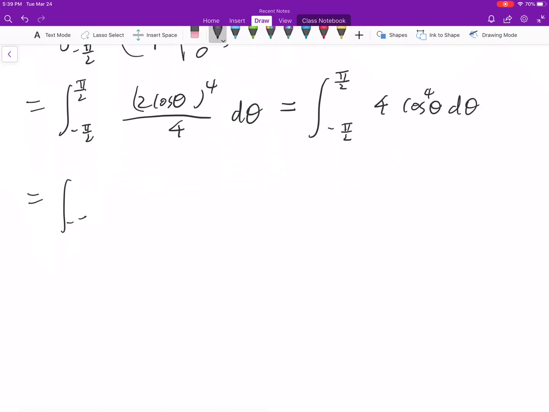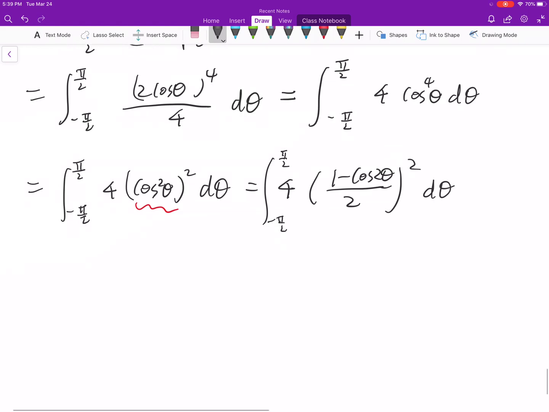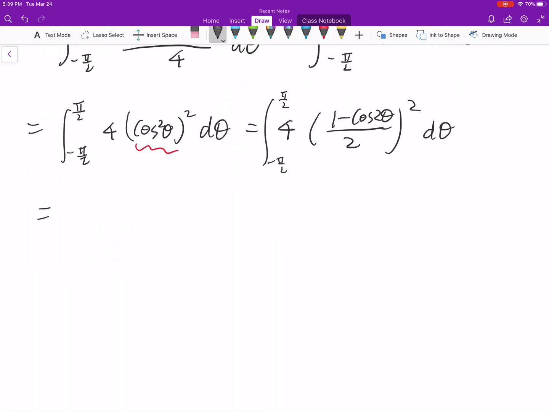Now we use a trigonometric identity again. For cosine theta square, we use the identity with 1 minus cosine 2 theta, and then simplify a little bit. Actually, you can do the distributive law. It's 1 minus 2 cosine 2 theta plus cosine 2 theta square d theta.